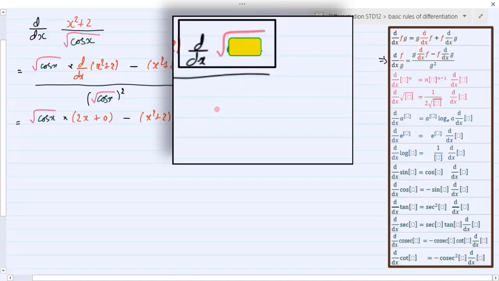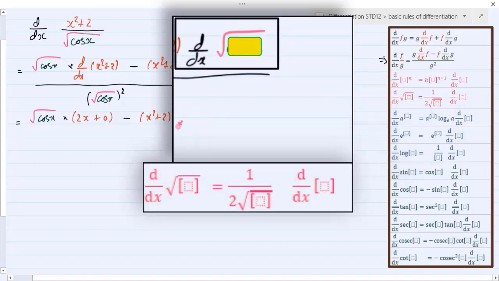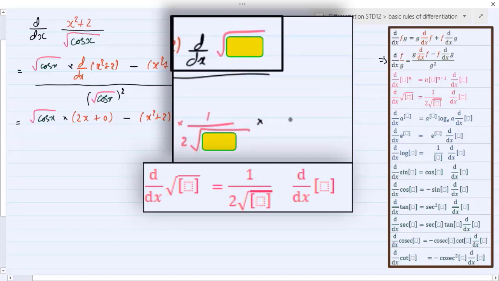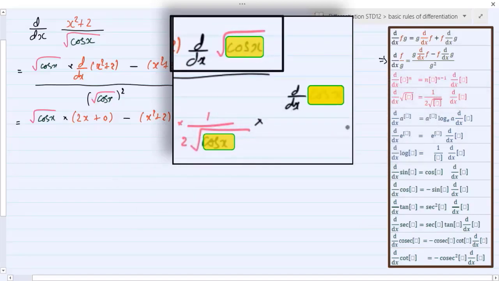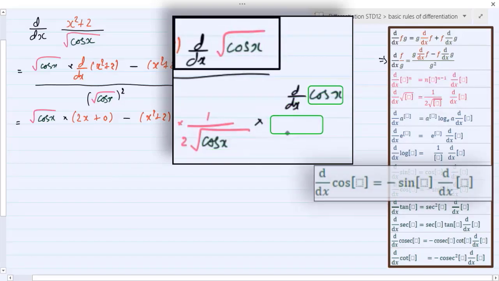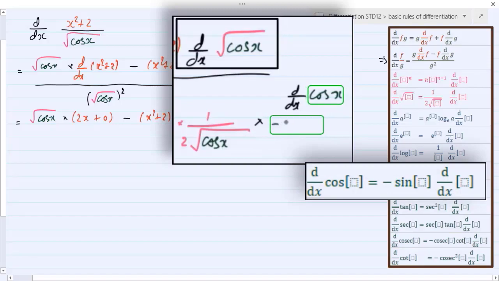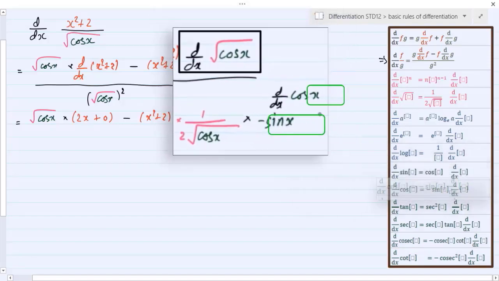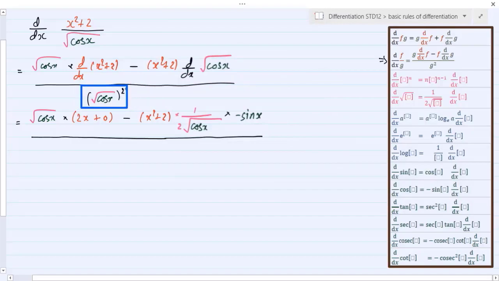So we just have to differentiate under root of box, which is nothing but 1 upon 2 root box into d by dx of box. Now within the box we have cos x. So here we just have to multiply differentiation of cos x, which is minus sin x, upon under root of cos x the whole square will become your cos x.